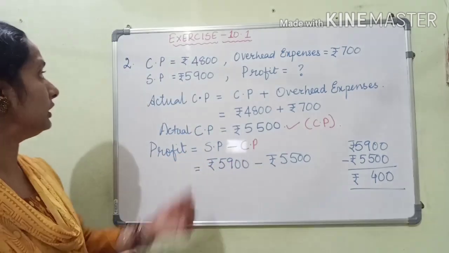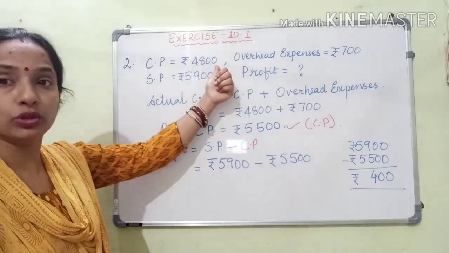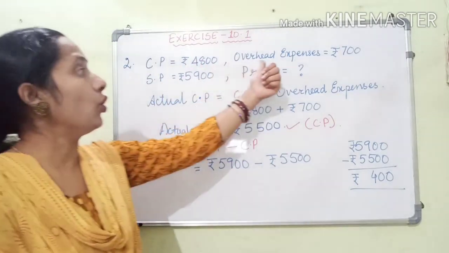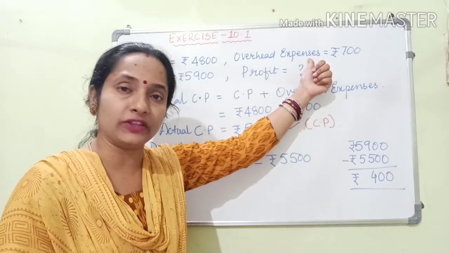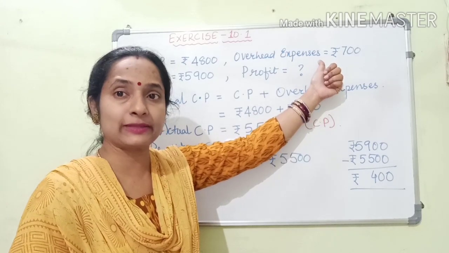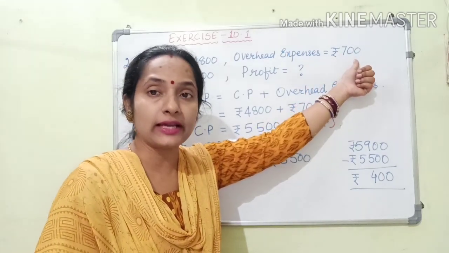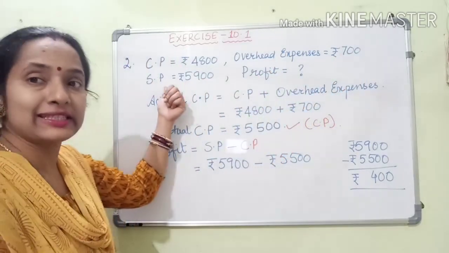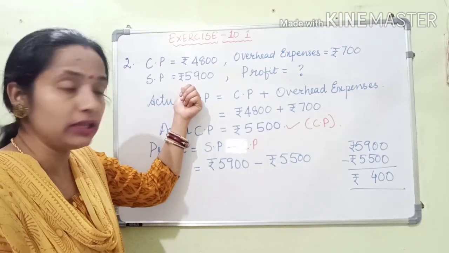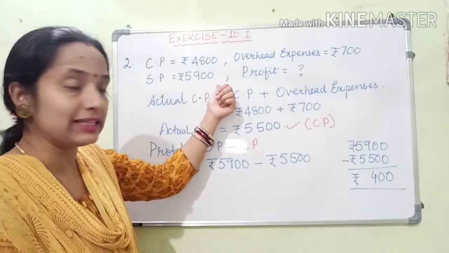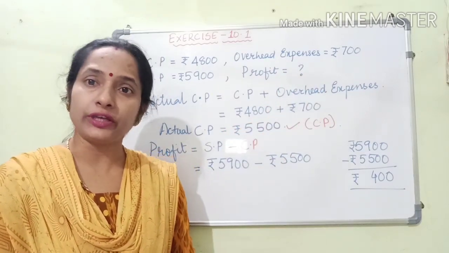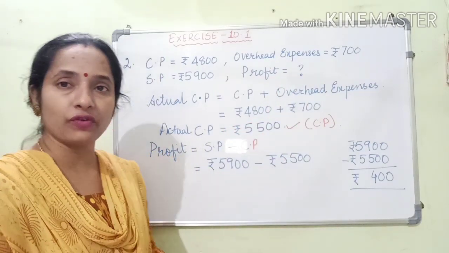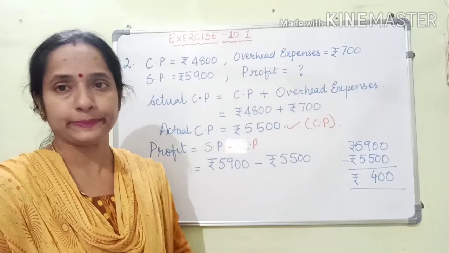Here in the question, the cost price is given as 4,800 rupees. Overhead expenses, that is the expenditure on repair of the TV, will be your overhead expenses. It is rupees 700. You are also given the selling price of the TV, that is 5,900, and the profit you have to find out. So when you start solving, first of all write down the given data.